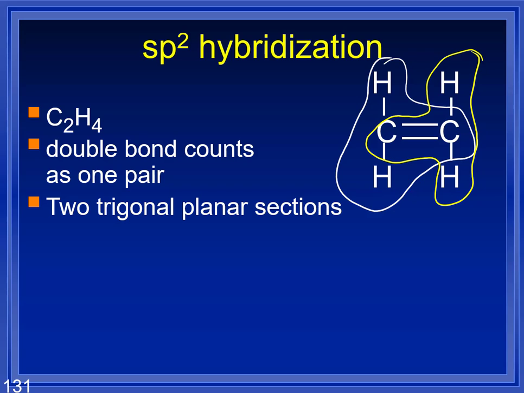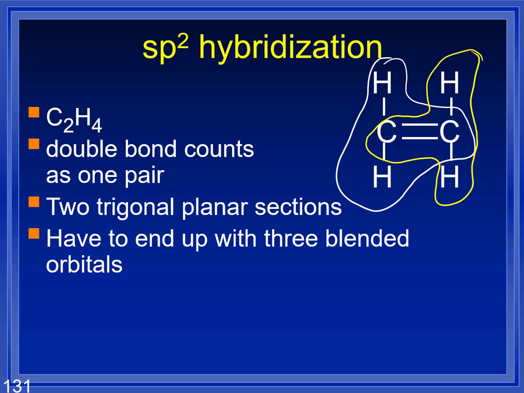So here's 1 trigonal planar section. And put these hydrogens in. And there's the other trigonal planar section. So the question is, is it like this, or like this, or like this, or does it matter?